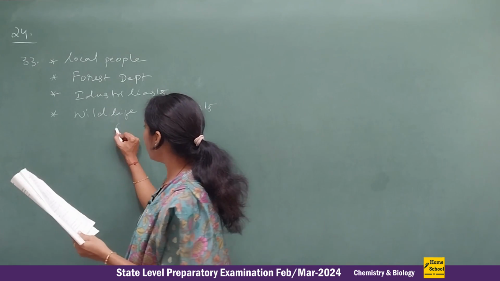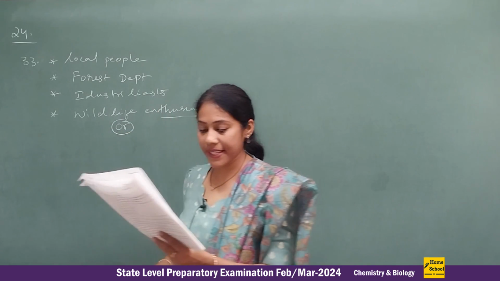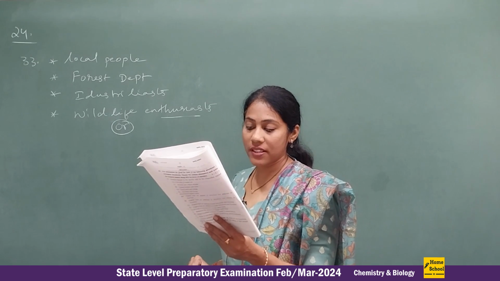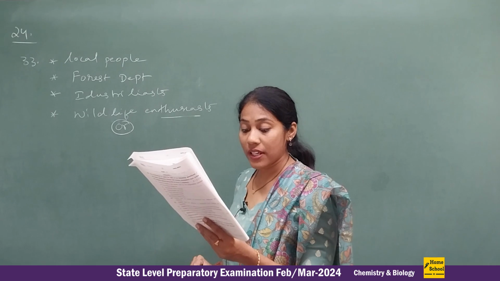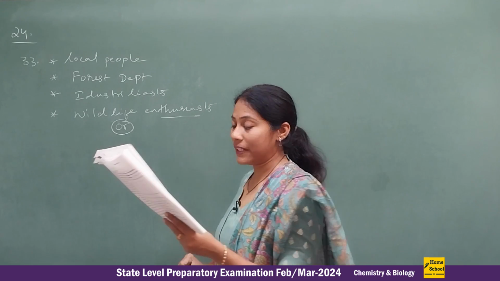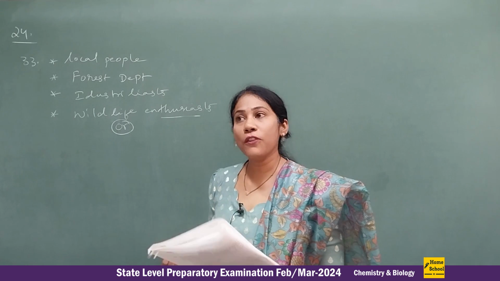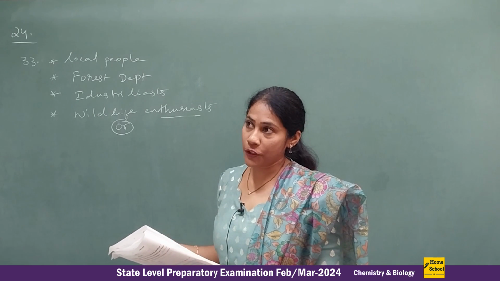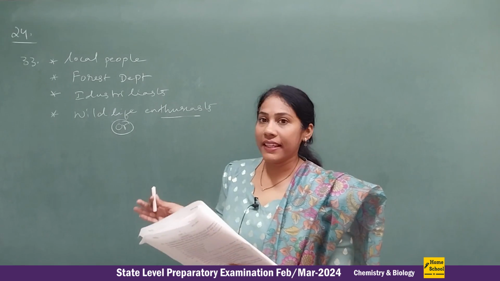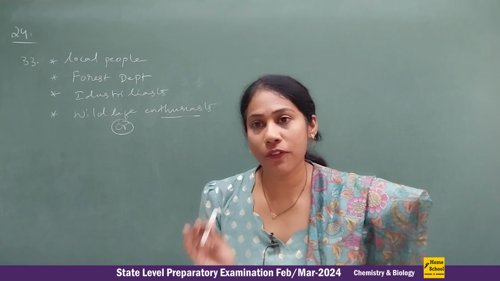And there is an OR question here. What does it say? List any 4 eco-friendly measures that can be taken to reduce the impact of using fossil fuels on the environment. See, because of fossil fuels, electricity is produced. If you can minimize the usage of electricity, you can minimize the usage of fossil fuels.